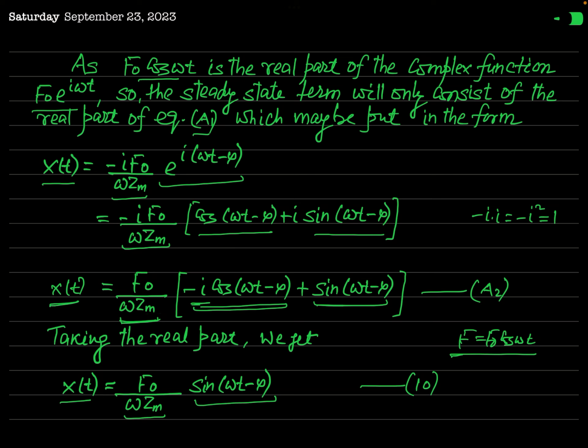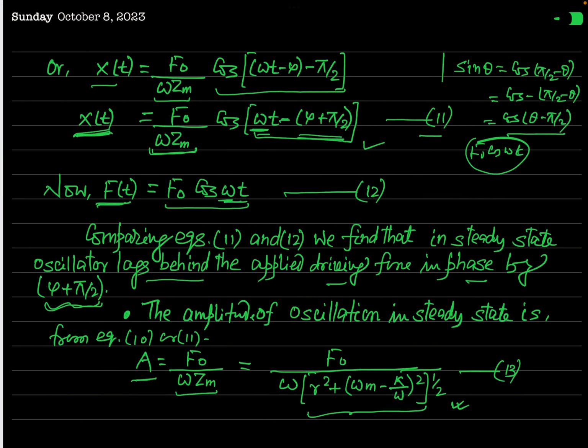Now since we are considering the imaginary part of the applied driving force, the solution in a steady state will be written by simply taking this imaginary part. So what will be x of t in this condition? You can see this will be minus F naught by omega Zm times cos(omega t minus phi).